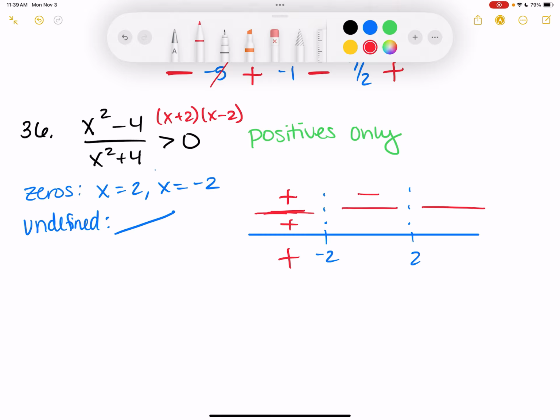Negative. So that whole region is negative. And then if I plug in 3, positive over positive, so that's positive. I care about positives only, so I'm not including the 0 values on these ones. So that means I'm negative infinity to -2, union 2 to infinity.